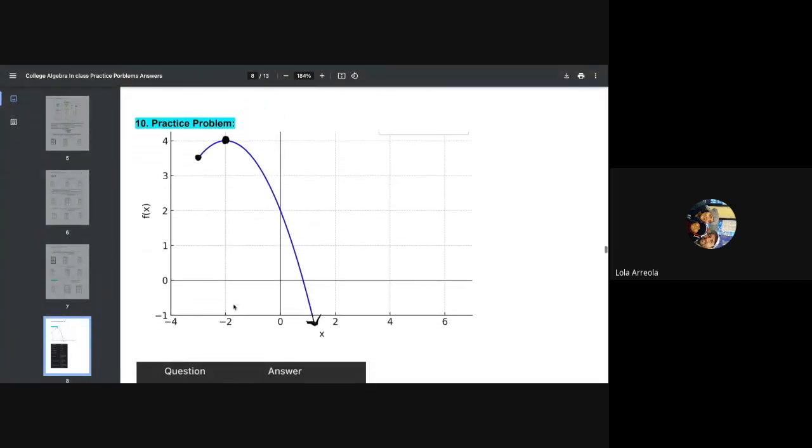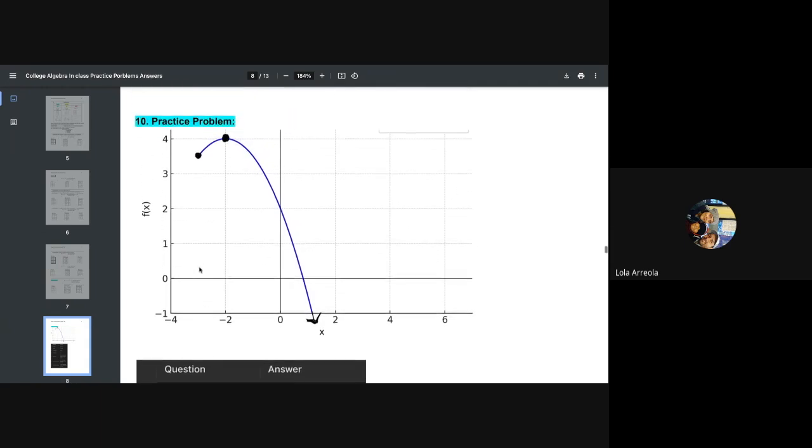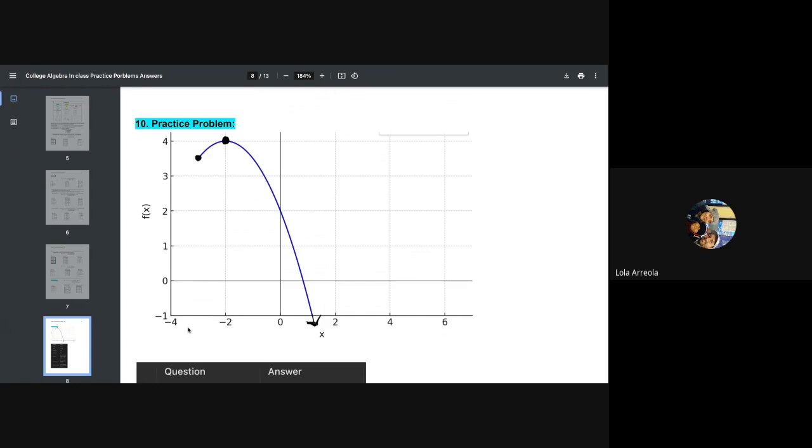Okay, so this is my graph. Imagine I have a sheet of paper and I'm just scanning the graph from left to right. That would be answering my domain problem. What is my leftmost value? Okay, so again, domain is talking about my x values. So where does my graph start? It starts here, right?